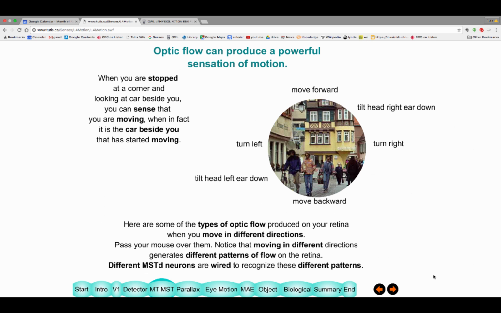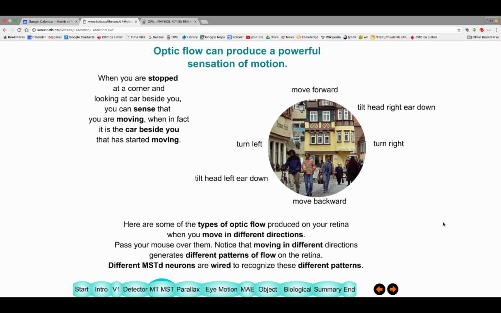So because the information in these cells is filling the complete visual field, you often sense that you're moving when you're not.